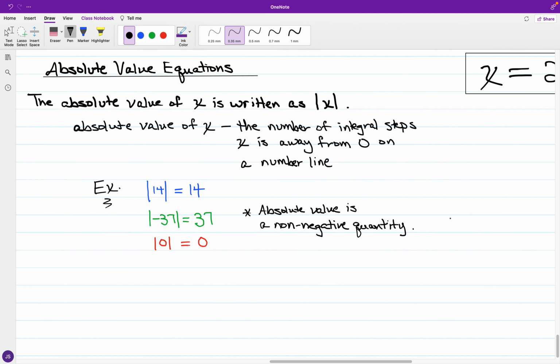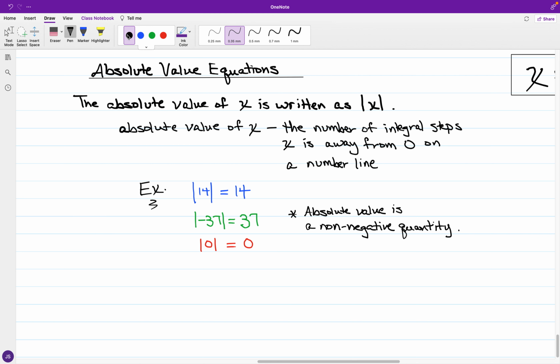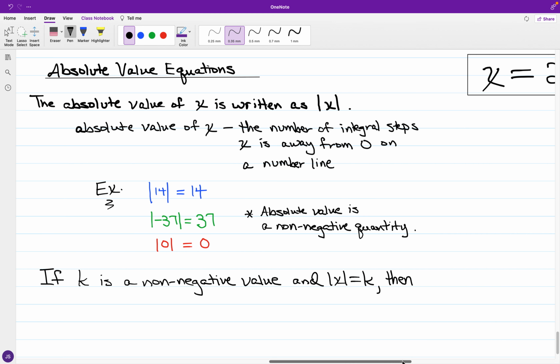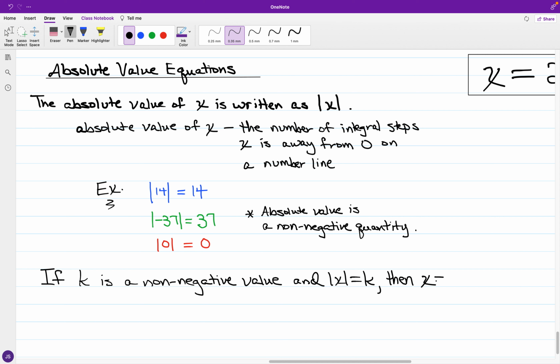And for what we have in the crossover to absolute value equations, say that if k is a non-negative value, and we have that the absolute value of x is equal to k, then the possibilities that will exist for x is that x could be k or negative k.